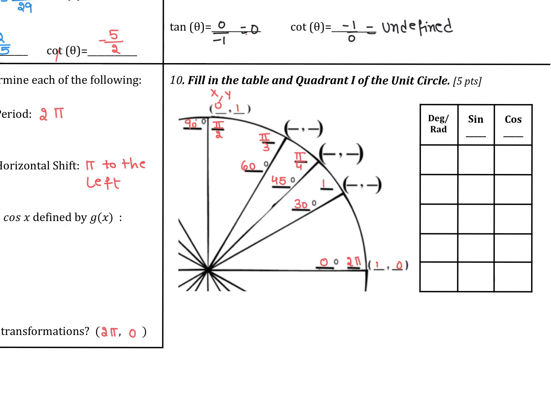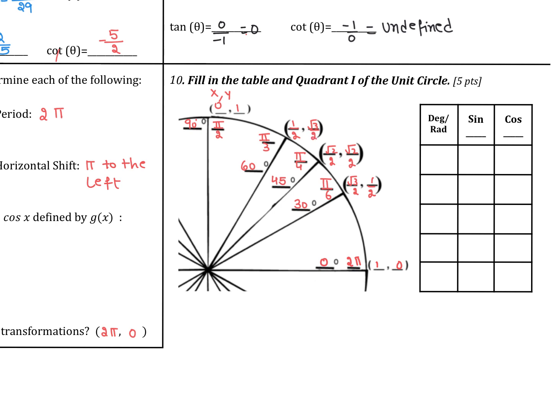Then 30 degrees or pi over 6, and this is 0 degrees or just 2 pi. Here you're going to have 1 comma 0, square root 3 over 2 comma 1 over 2, square root 2 over 2, square root 2 over 2, 1 over 2 comma square root 3 over 2.